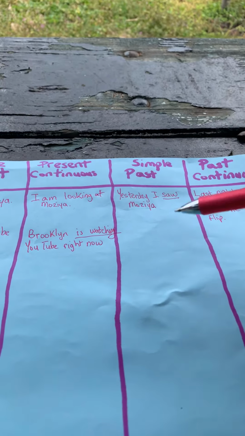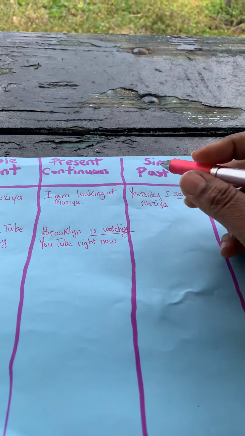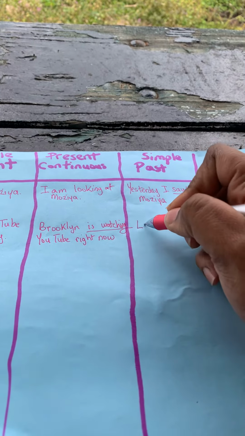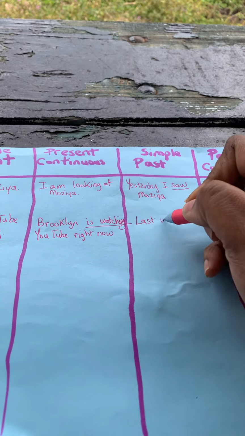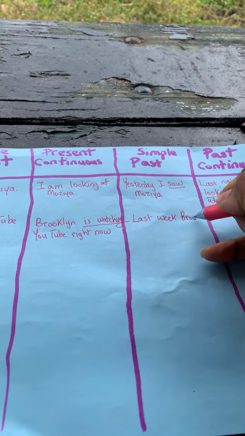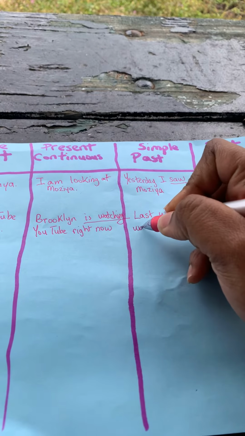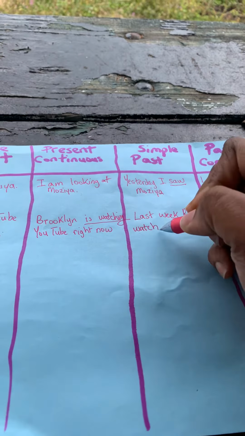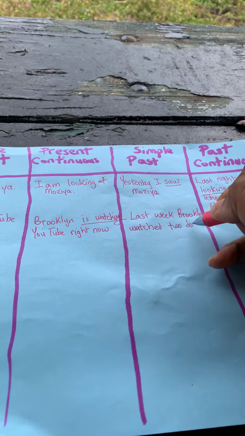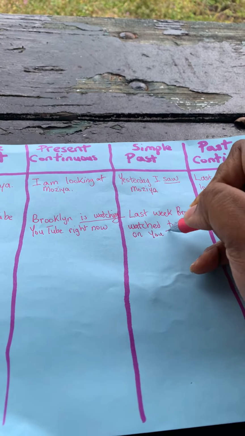Now, if I do the simple past, also using the word to watch, like to look at, I could say last week, Brooklyn watched 2 dogs on YouTube.